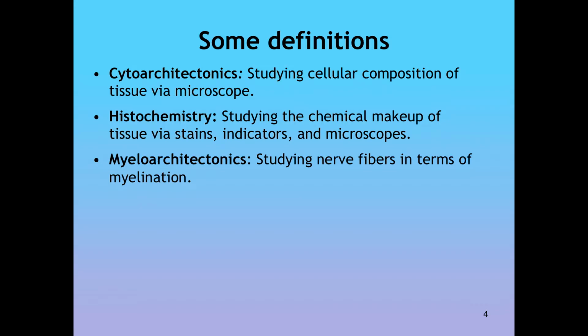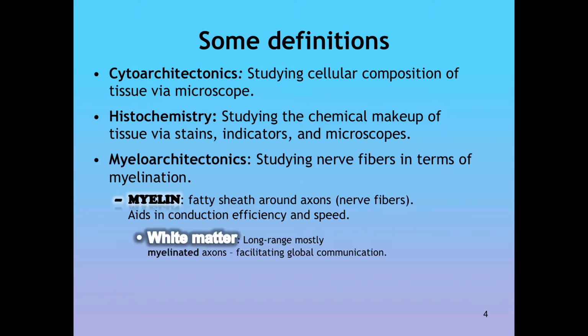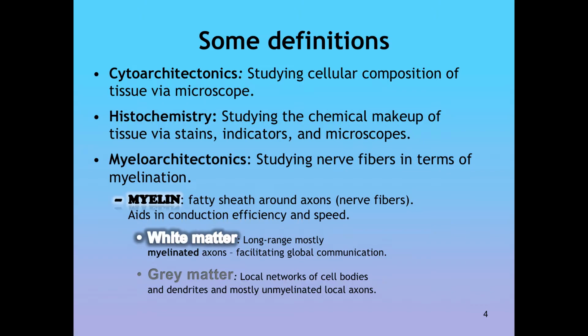And another fancy term is myeloarchitectonics. So you can just use that in your everyday life and sound really smart. But it's actually something you're already familiar with. So you've heard of the terms gray matter and white matter, and the difference between them is the degree of myelination.